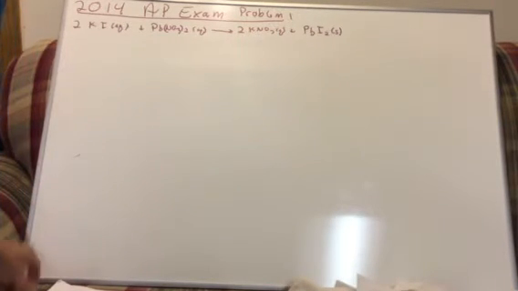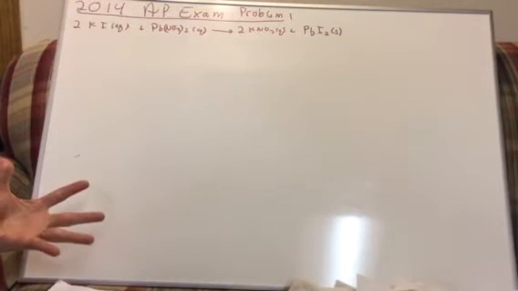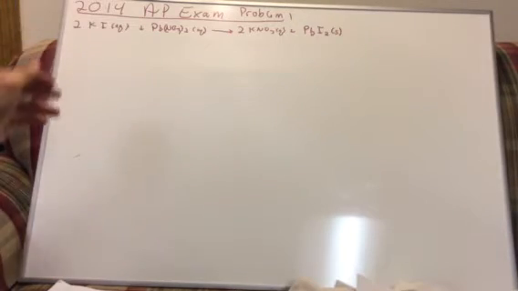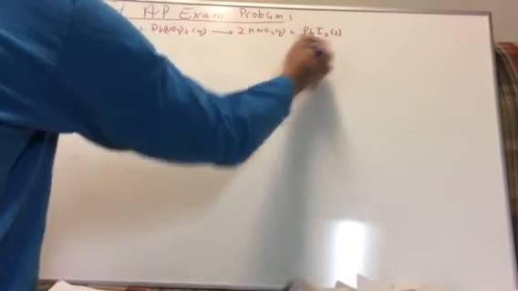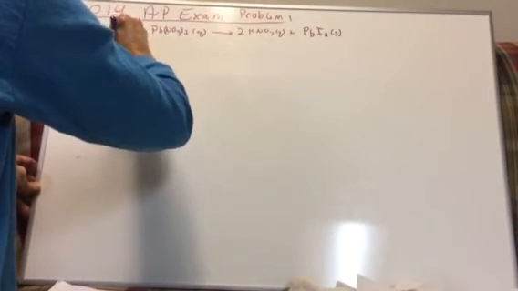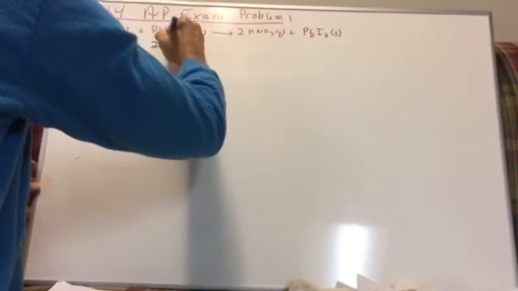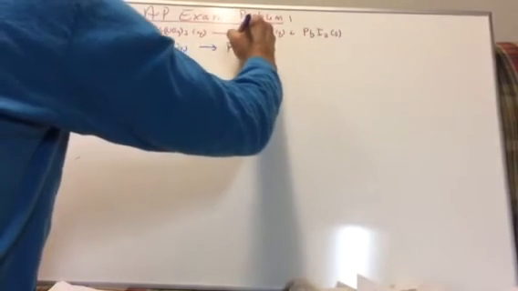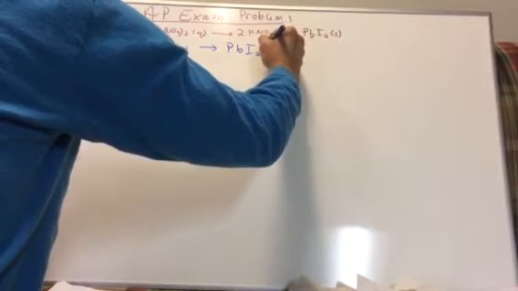Okay, in the first one there, I gave you this reaction to start with. It's nothing that was needed, I just like to write reactions down. So A.1 says write a balanced net ionic equation for the reaction. You've got to look at what was formed, the precipitate. So you've got lead 2 ion plus 2 iodide ions gives you lead 2 iodide.